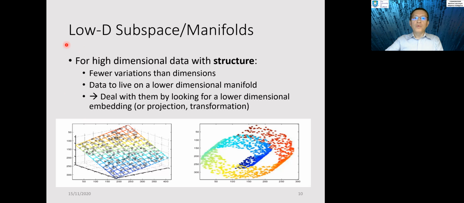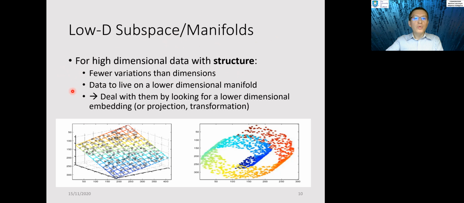So we want to find a low dimensional subspace, or we can also call it a manifold, right? So the reason is for high dimensional data with structure, typically there's fewer variations than the actual dimension. This is what we talk about, the redundancy.